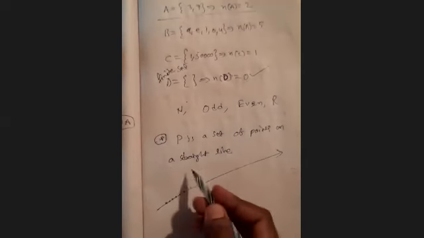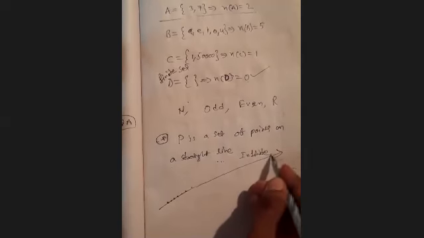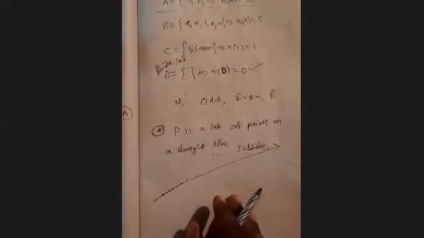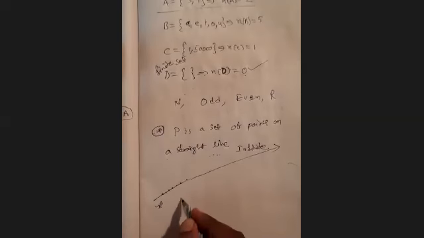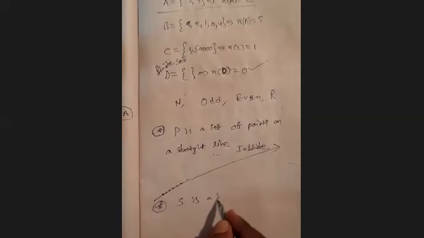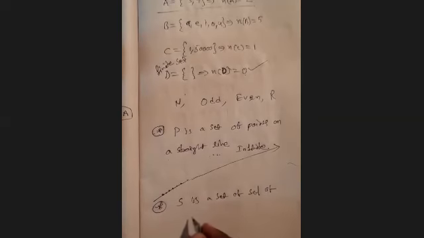That's why there exist infinitely many points on every line, on every curve. So this is an example for an infinite set. And one more: let S be the set of solutions of a quadratic equation. Is this finite or infinite?